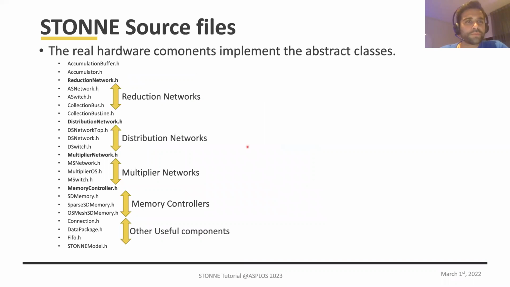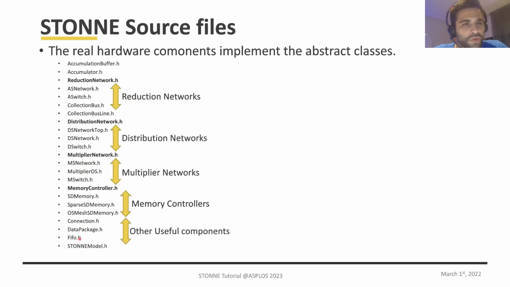Also, for every abstract class, for every module, we have the real networks. So we have, for example, AS network. We have the DS network, which is a tree. We have the multiplier network for the TPU, the multiplier network for MAERI and SIGMA.